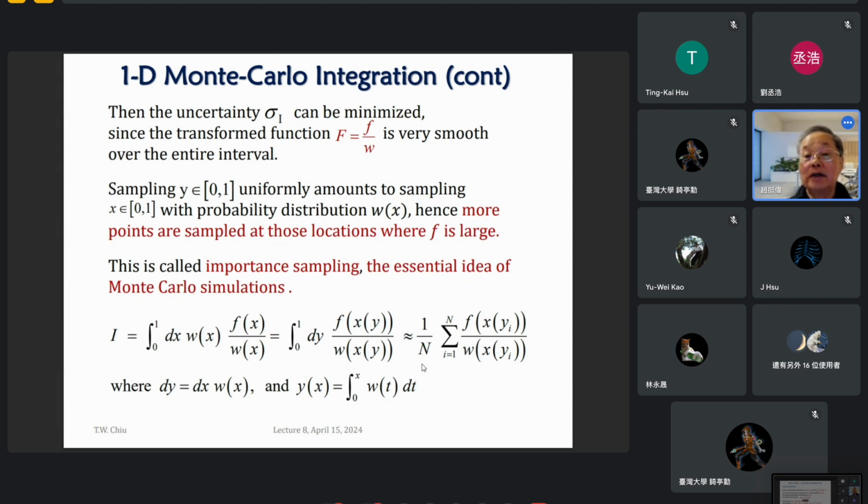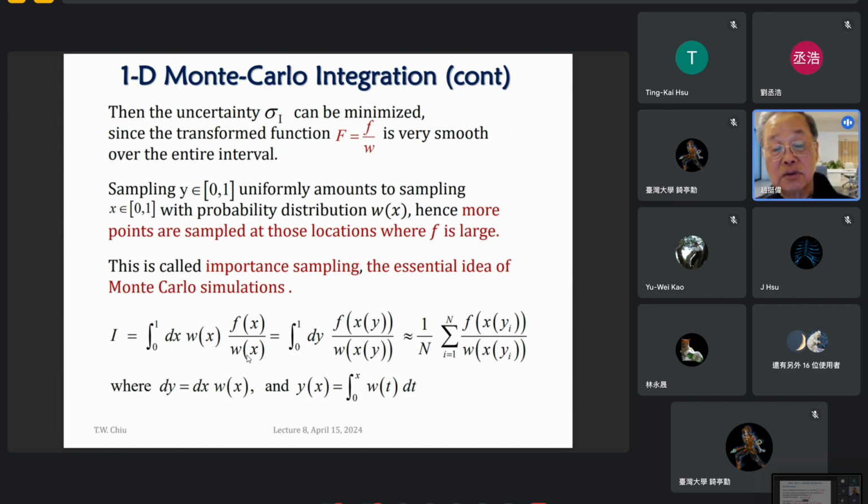So if you do the simulation in this way, rather than getting the points randomly and uniformly, then this is called importance sampling. Because I sample the points according to the distribution Wx, and Wx is chosen such that it more or less captures the behavior of f(x).